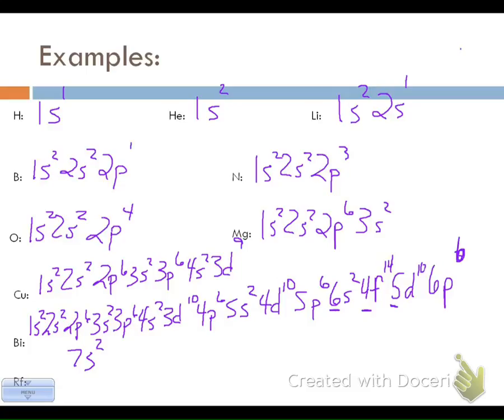To get to 104, I have to go completely through the 5f sublevel, all 14 of them. Then I go back to the 6d, and I just want to say, don't forget actinium that we skipped over. There are actually 2 in the 6d. So that is the full electron configuration for Rutherfordium.